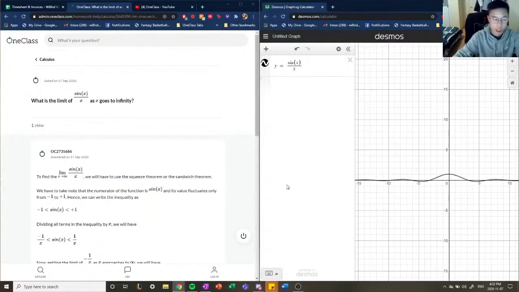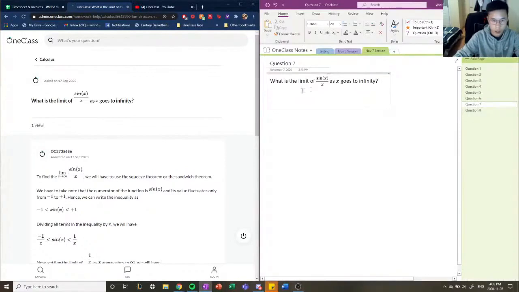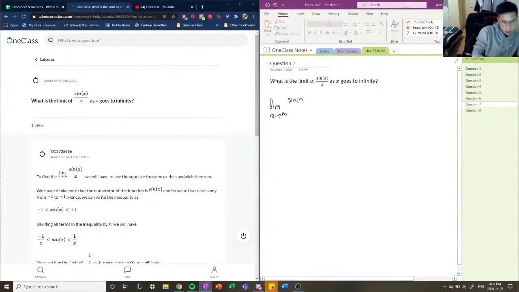And this is actually a very hard function to find the limit of if we use substitution, if we use regular limit rules, right? Like usually they're asking for this, basically, right? The limit of x approaching infinity of sine of x over x equals what, right?